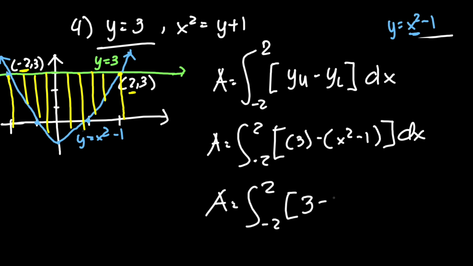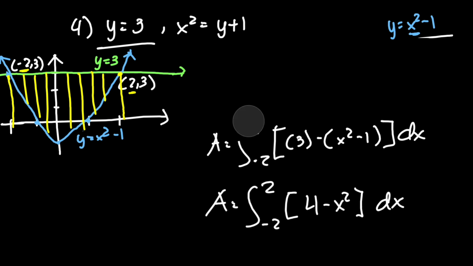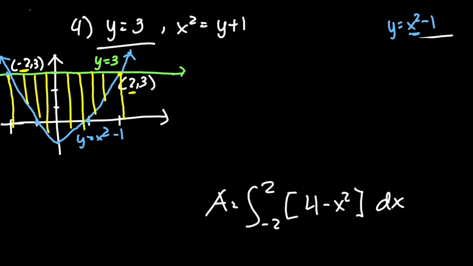It would be 3 minus x squared plus 1. 3 plus 1 would be equal to 4, of dx. Now we can start integrating this. Integral of 4 dx would be 4x. Integral of x squared would be x cubed over 3.